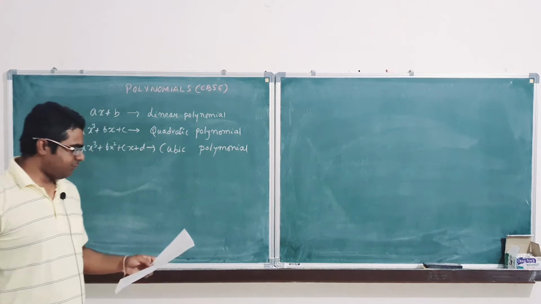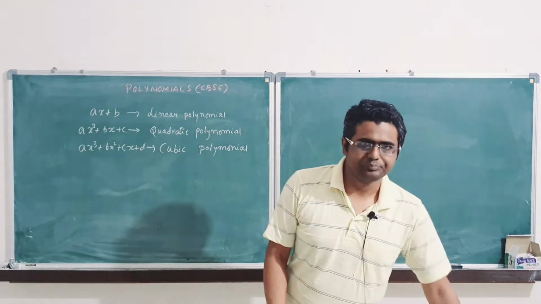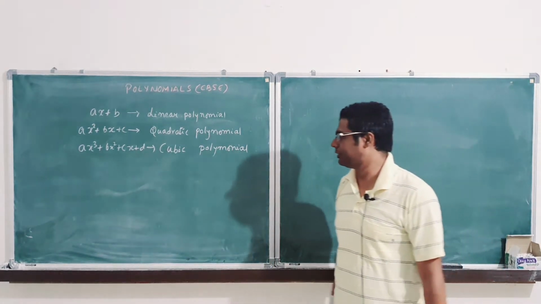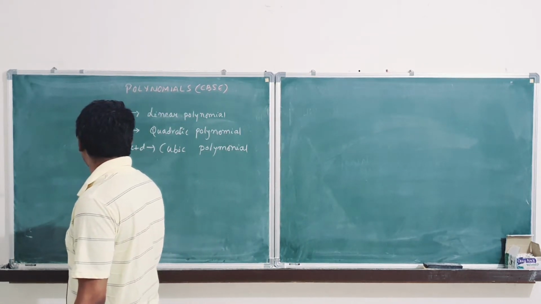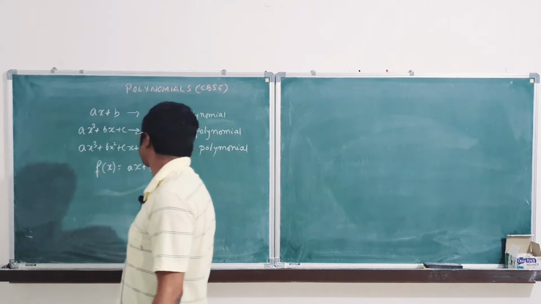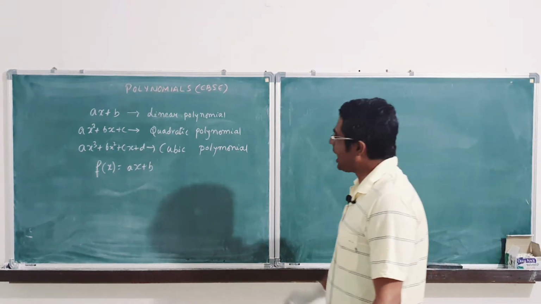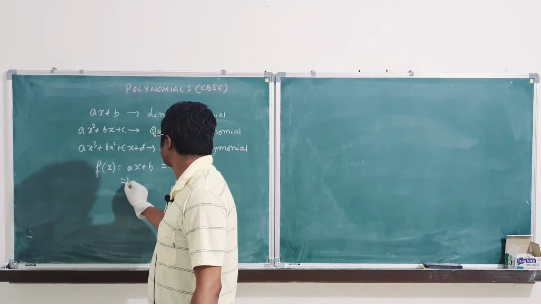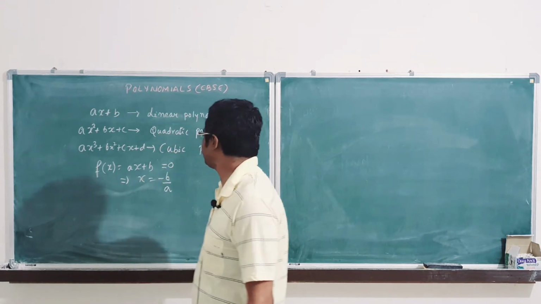Now there is something that is called the zero of a polynomial. In the CBSE syllabus they call it the zero of that polynomial. See, suppose I consider this as a function of x, that is f(x) equals ax plus b. Now for this total value to be 0, x will be minus b by a, correct?